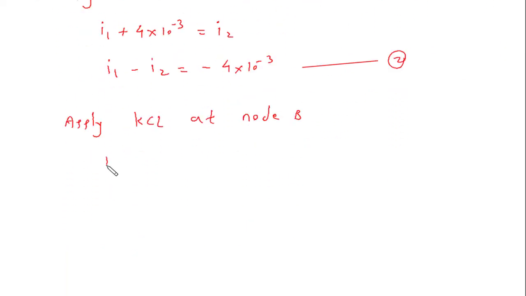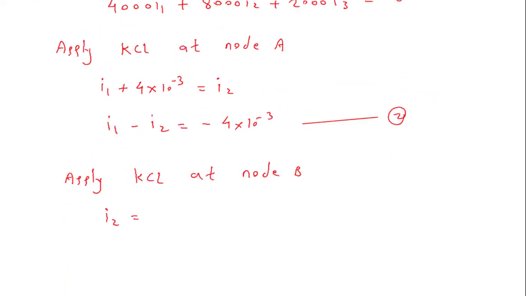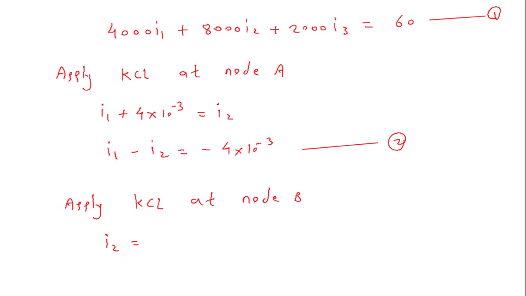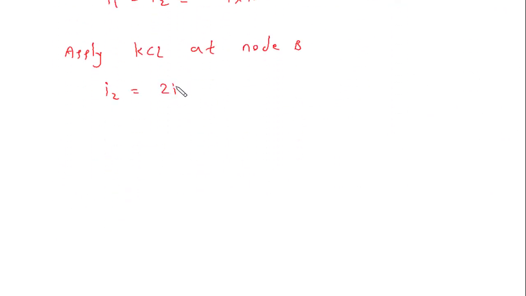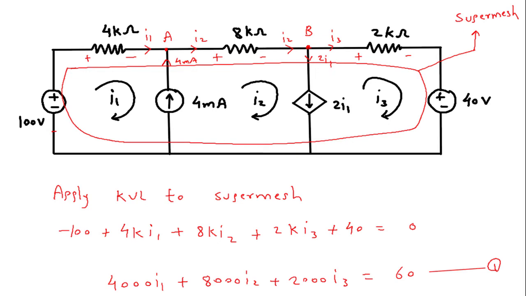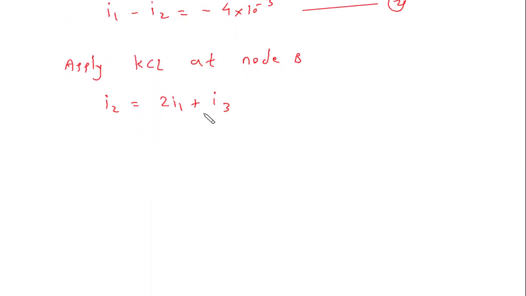I2 is equal to 2I1 plus I3. So this will be 2I1 minus I2 plus I3 is equal to 0. Let's say this is equation number 3.